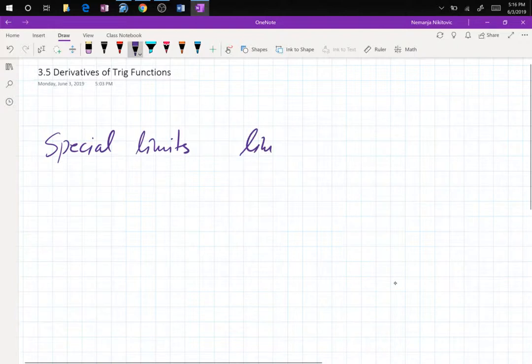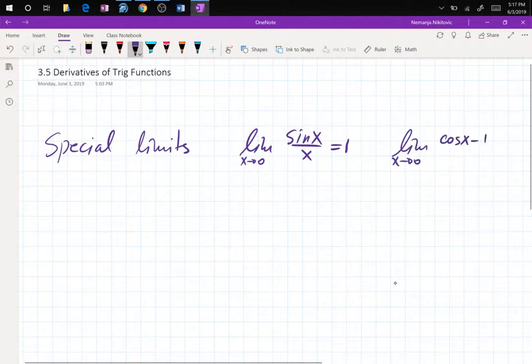One says that the limit as x goes to 0 of sine x over x is equal to 1. And the other one is that the limit as x goes to 0 of cosine x minus 1 over x is equal to 0. So these are 2 special limits.